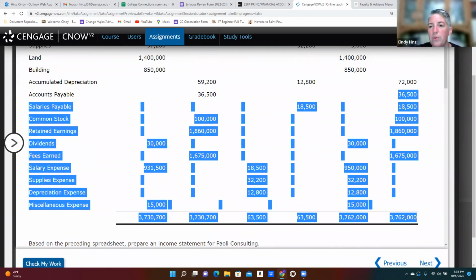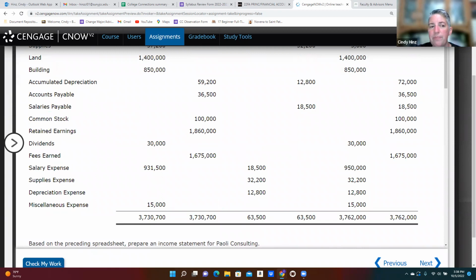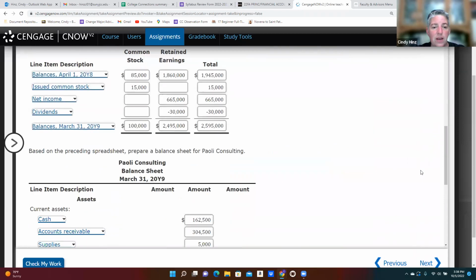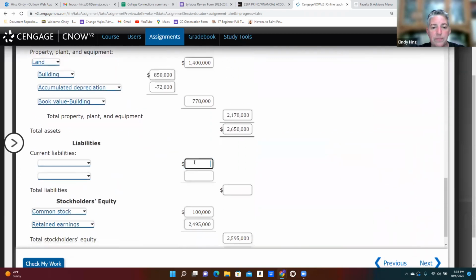And we definitely want to pull them from over in this far column because the salaries payable represented an adjustment. And so it doesn't appear with a balance here in the first set of columns. So 36.5 and 18.5 for those two. And that was accounts payable, salaries payable.